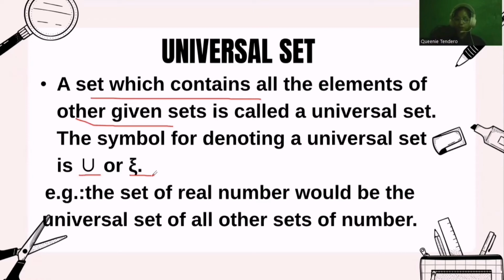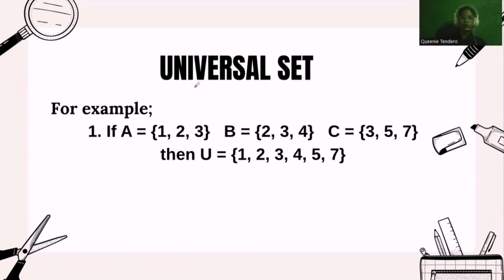So it depends on your definition of that given set. It can be a set of whole numbers, positive numbers, positive integers, negative integers, and so on. For example, we have here set A equals 1, 2, 3, set B equals 2, 3, 4, set C equals 3, 5, 7, and the universal set is 1, 2, 3, 4, 5, 7. So that's it. Is there any question?